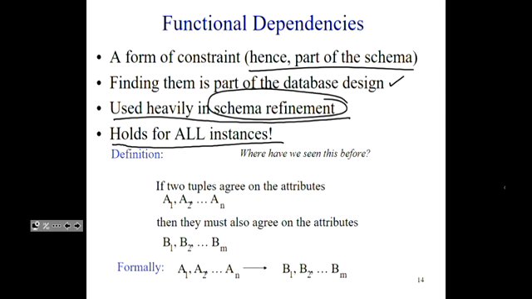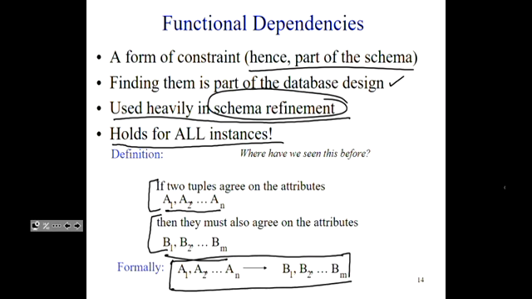So the definition of a functional dependency is that if two tuples agree on a set of attributes A1 through AN, then they must also agree on the attributes B1 through BM. This is denoted using the following notation. So A1 through AN on the left hand side with this arrow and B1 through BM on the right hand side. Okay?